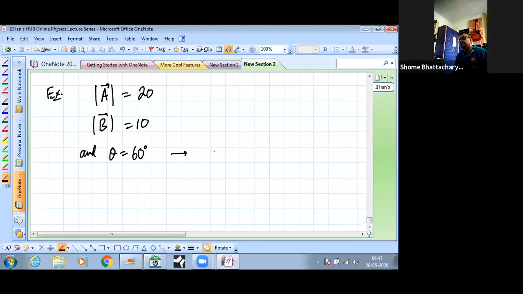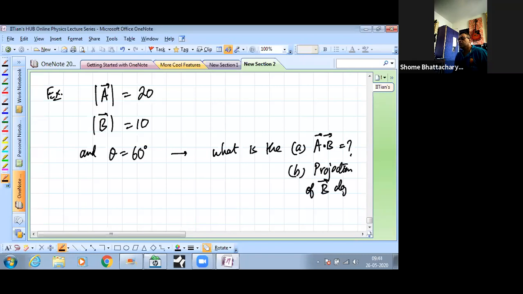I ask you, what is the dot product of A and B? And secondly, I ask you, what is the projection of the vector B along the vector A?